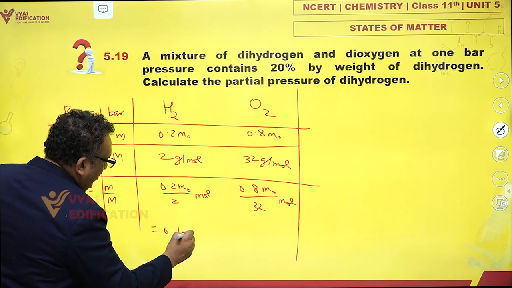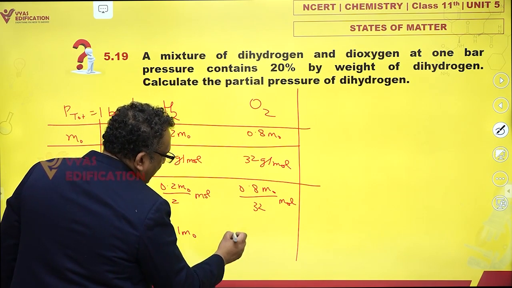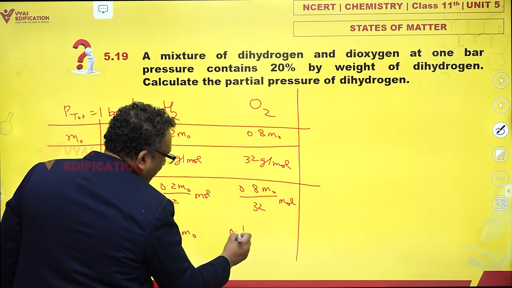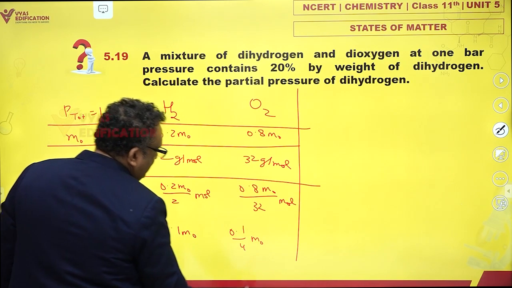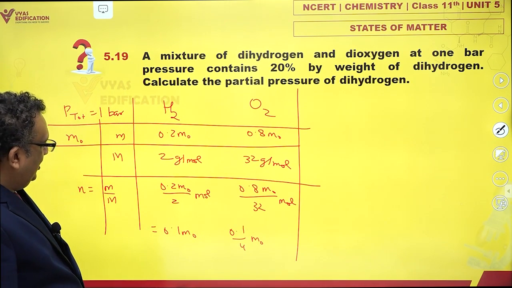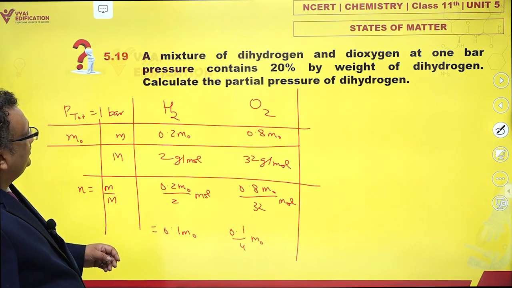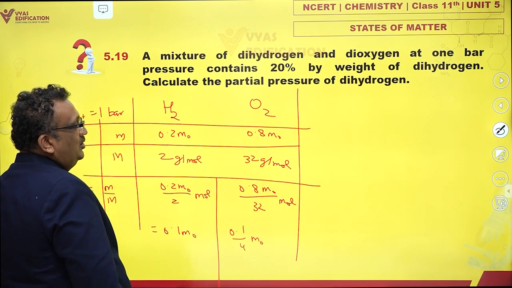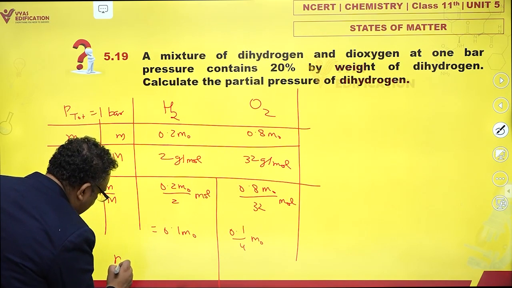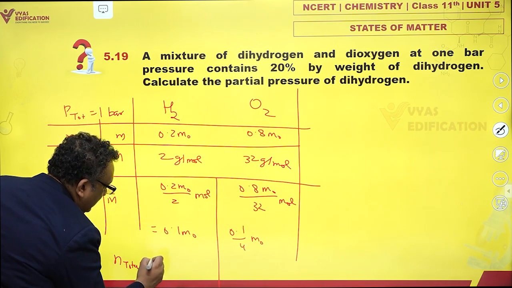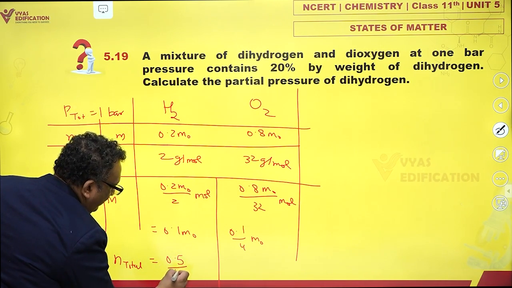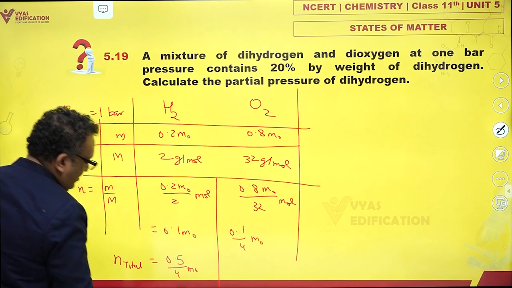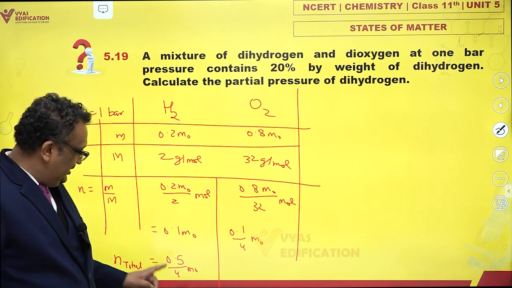This is 0.1 M0 and this comes out to be 0.1 upon 4 M0. Okay. So, if you just see, these are number of moles. So, N total is 0.5 upon 4 M0. If I just add them, I get this much.